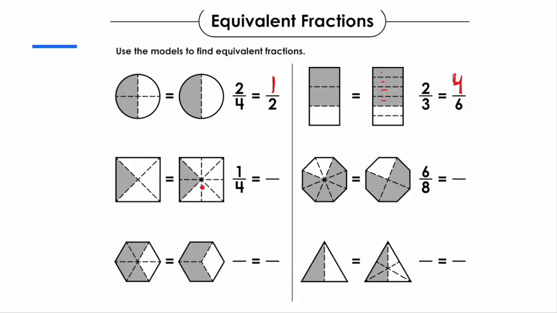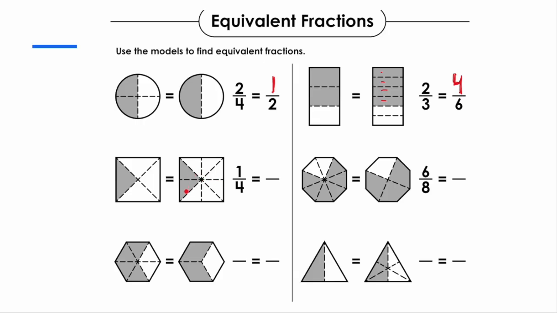Next one, down here. Right here, denominator's telling me it's cut into 4 parts, so I know we have to be talking about this right here. 1, 2, 3, 4. How many pieces are shaded? 1 piece is shaded. Now we need to know what the equivalent fraction is. First thing I want to know, what is that denominator?